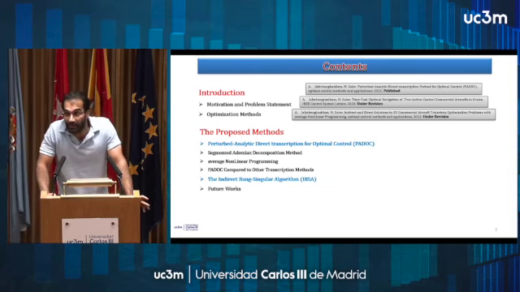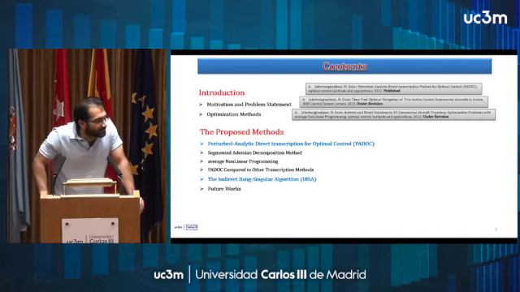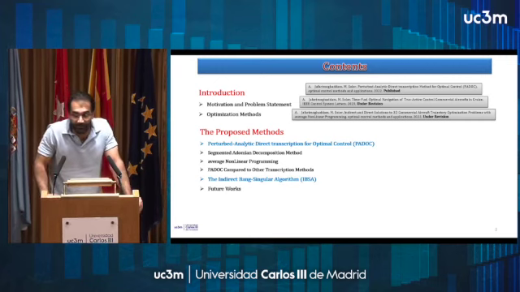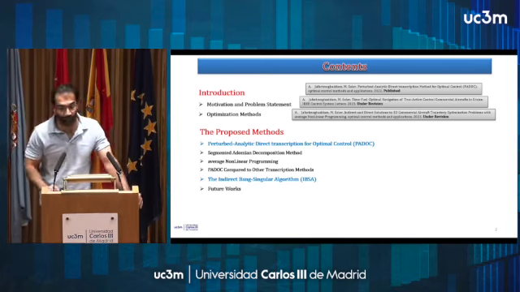Then we compare the results of PADUC with other transcription methods from different disciplines. Then we briefly discuss another method called the indirect Pontryagin singular algorithm, or IPSA. And then we talk about potential future work.